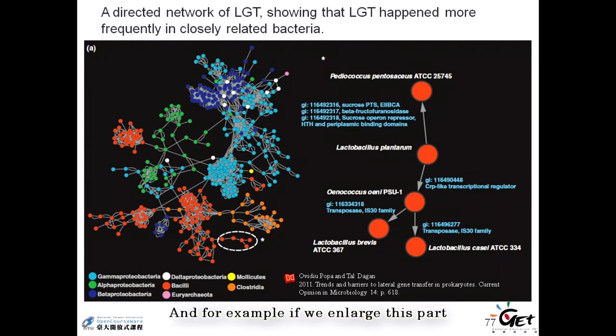For example, if we enlarge this part on the right here, you can identify certain particular genes for these 5 genomes, and from here to here you will have a gene transfer event, this CRP-like transcriptional regulator from here to here, which means that those 3 have the CRP-like transcriptional regulator, and it's likely derived from here, but nowhere else. So you can use this to reconstruct the whole group of things.